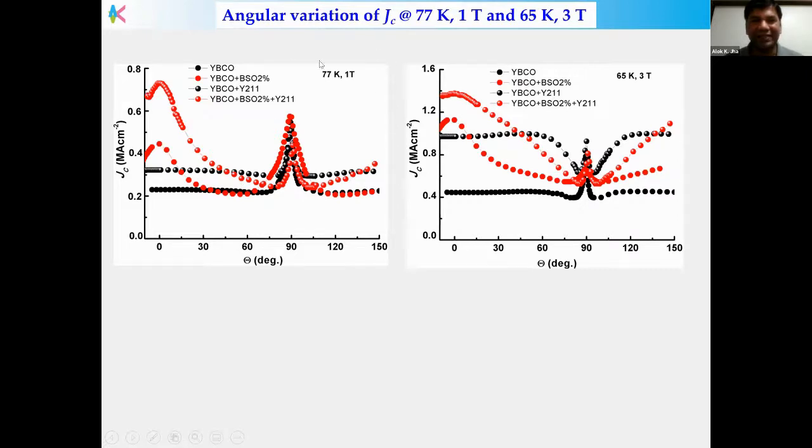This is at 77K, 1 Tesla, and this is at 65K, 3 Tesla. So the hybrid APC sample contains both kinds of features: a JC peak when the field is along the C-axis, and also enhancement along the other angular directions.